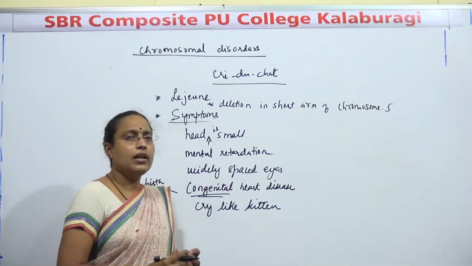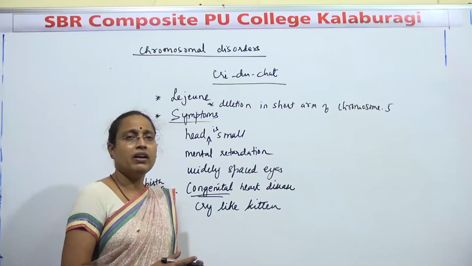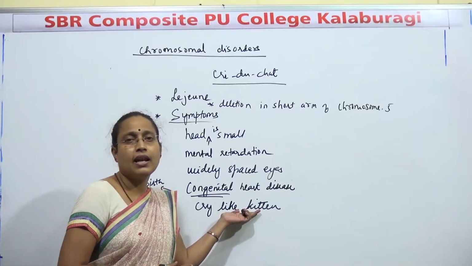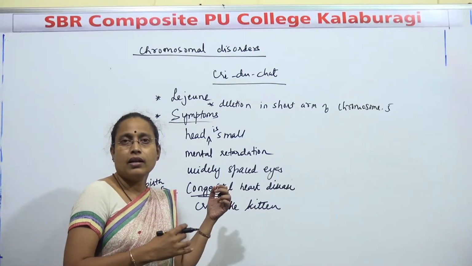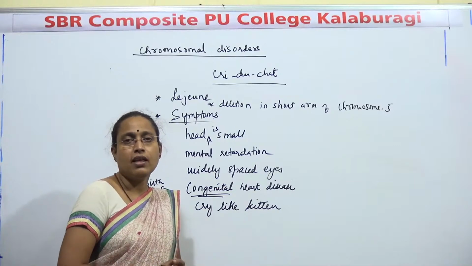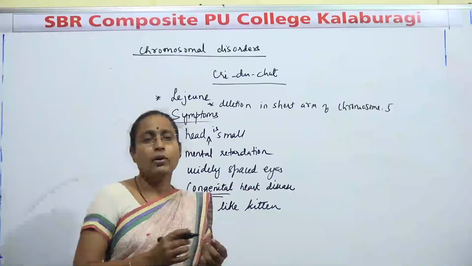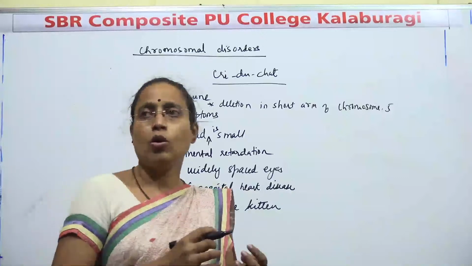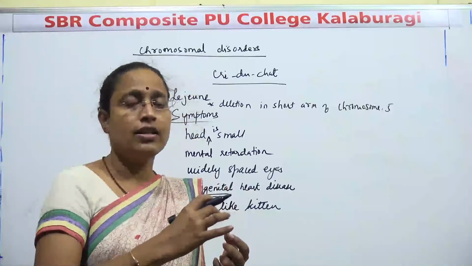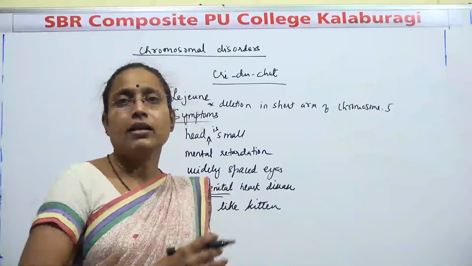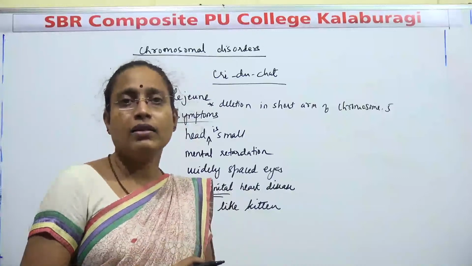Even though there are other major developmental defects, one of the defects also comes in the larynx. The larynx, you know, is the sound box in humans. The larynx is present, but there are changes in the arrangement of the vocal cords, the structure and nature of the epiglottis, and some slight changes in the larynx.